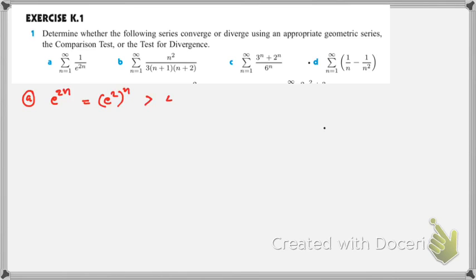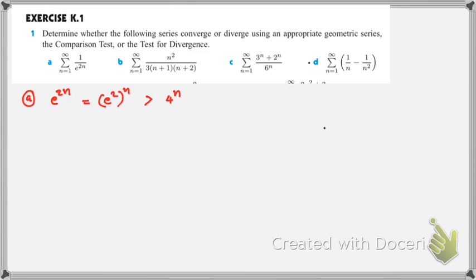e raised to 2n can be written as e squared the whole raised to n, which is greater than 4 raised to n. e squared is like 7.3, so definitely is going to be greater than 4. So I say e squared the whole raised to n is greater than 4 raised to n.